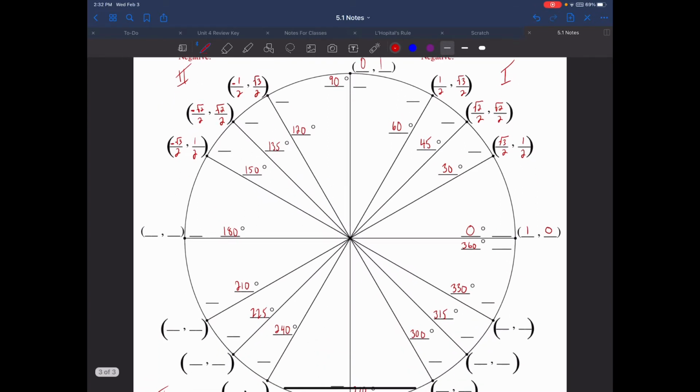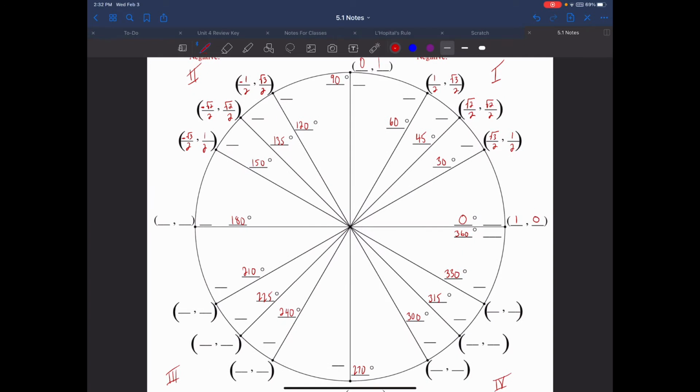Let's see if I can fit more of these on here. So quadrant 3 down here. If you look at these lines and we just follow those through, I'm going to highlight this one for instance. This is going to have down here the same coordinate points as quadrant 1, but the signs are different, just like in quadrant 2. So this will still be 1/2, root 3 over 2, but we're below the x-axis, and we're to the left of the y-axis.